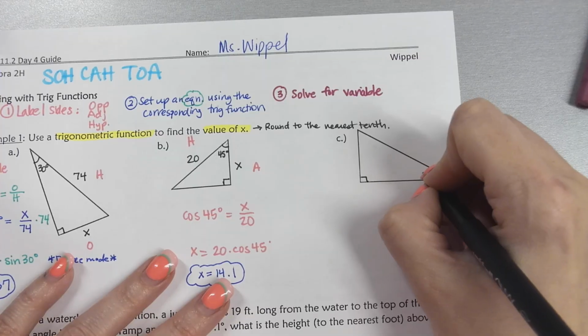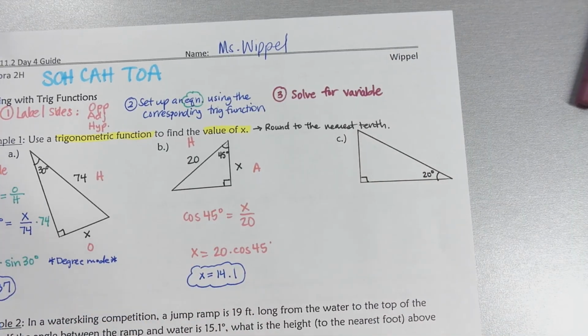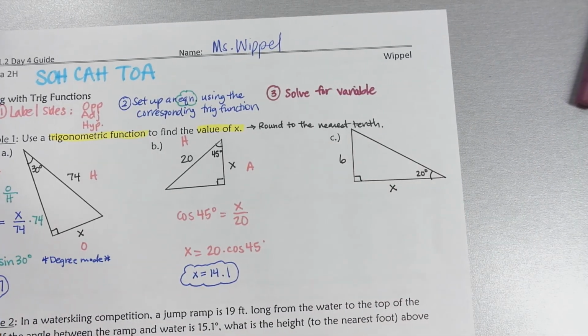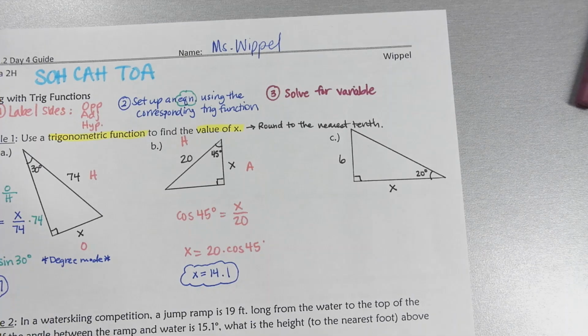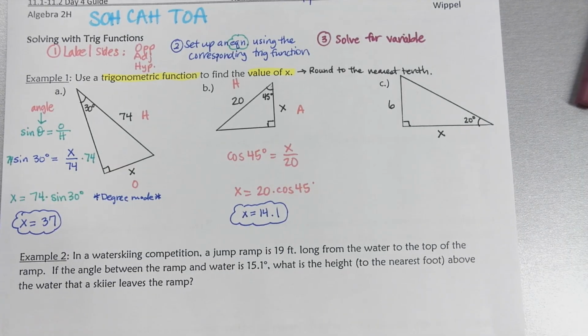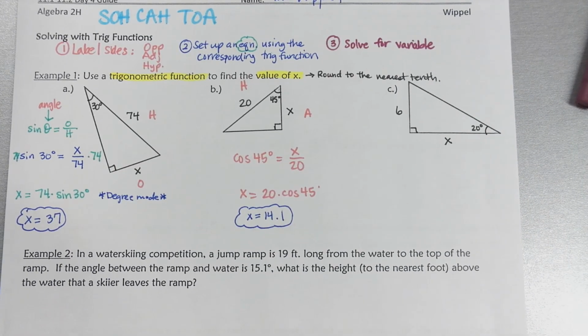We're going to label this as 20 degrees, this side as 6, and we want to find the base of that triangle. Okay, so let's see if we can do that one. And once you've completed it, because I think some people are working pretty quickly, feel free to read through the next story problem.